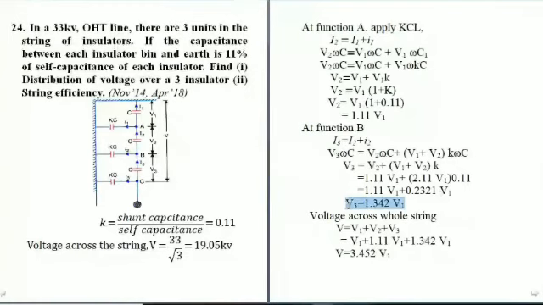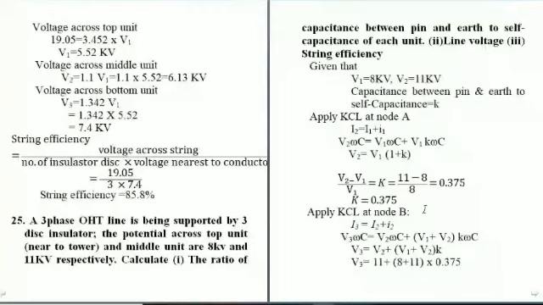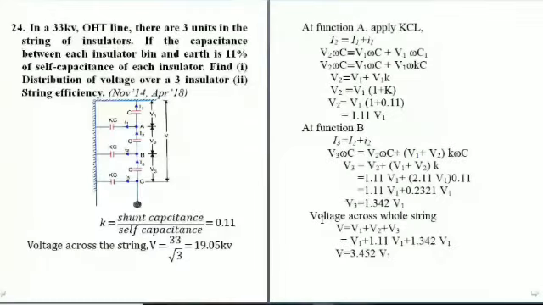So the voltage across the whole string, that is the entire string, there are 3 insulators. What is the total voltage appearing across these 3 insulators? It can be calculated by using this term, because V is equal to V1 plus V2 plus V3, that is the voltage across the entire string.